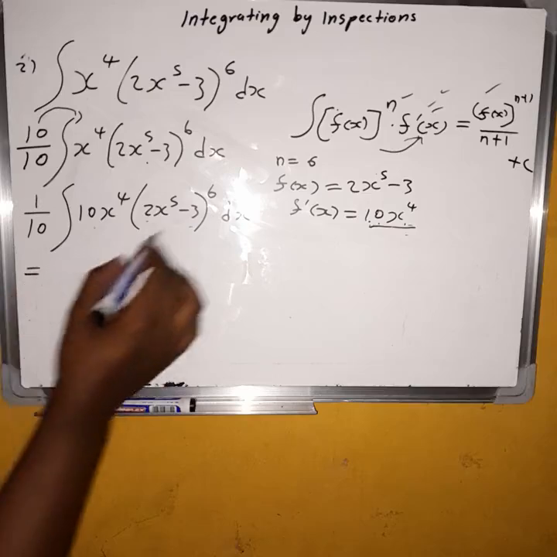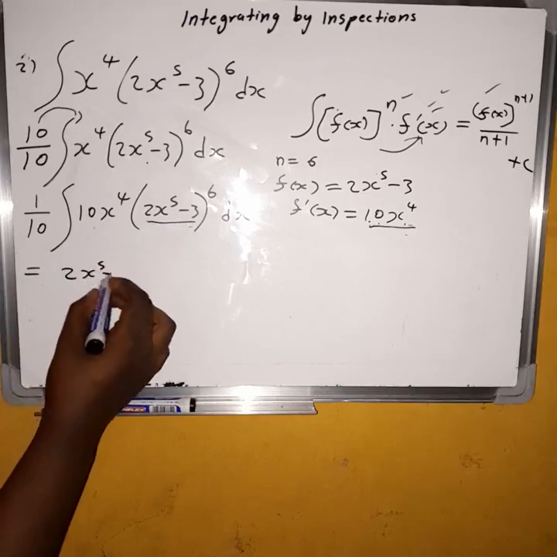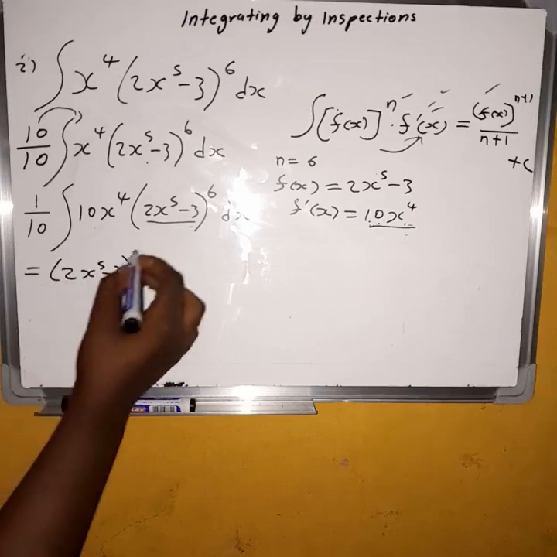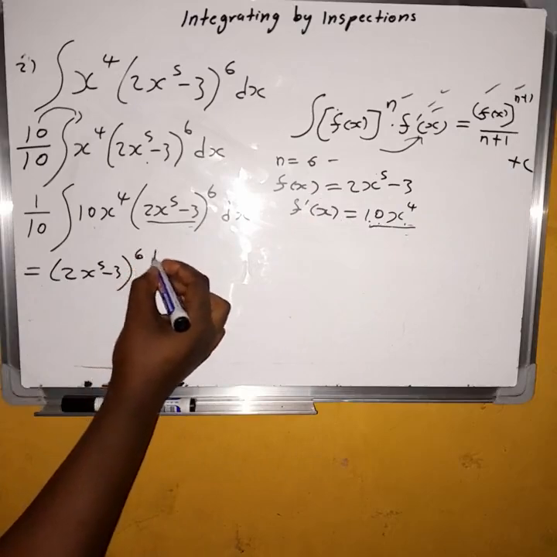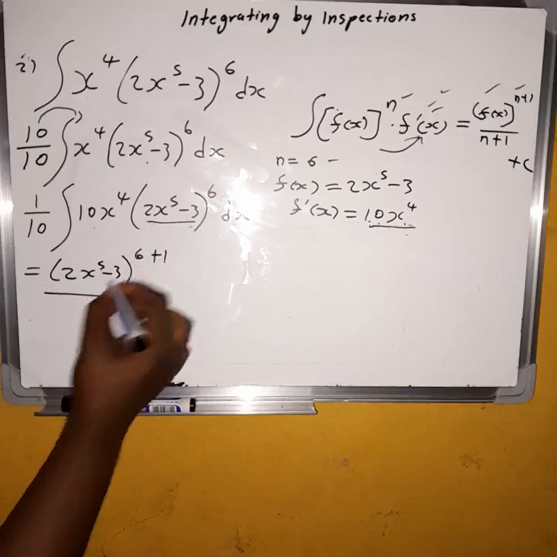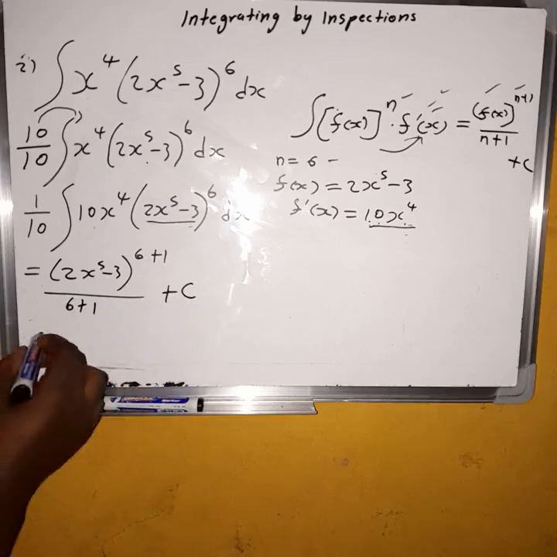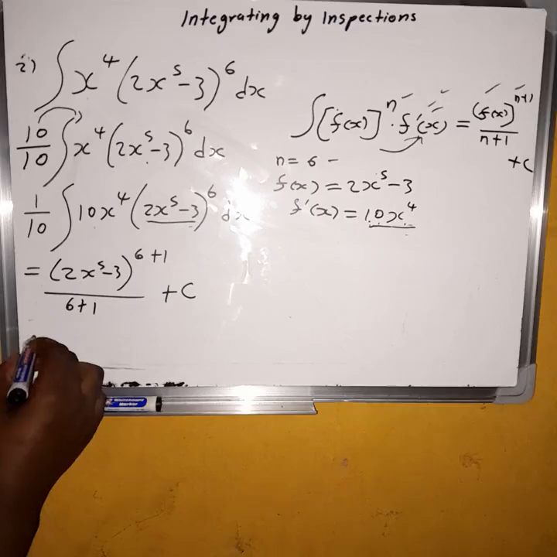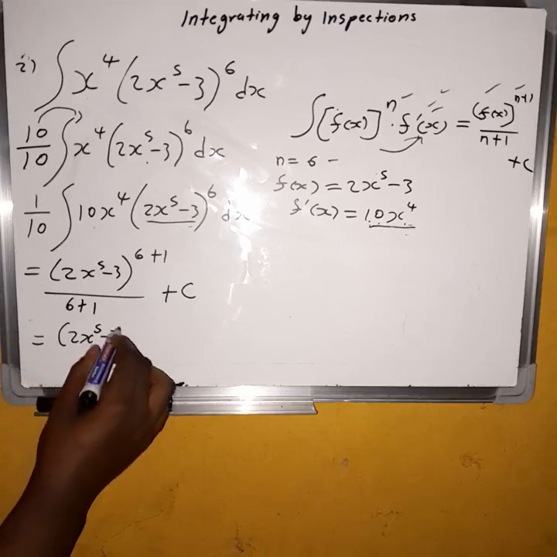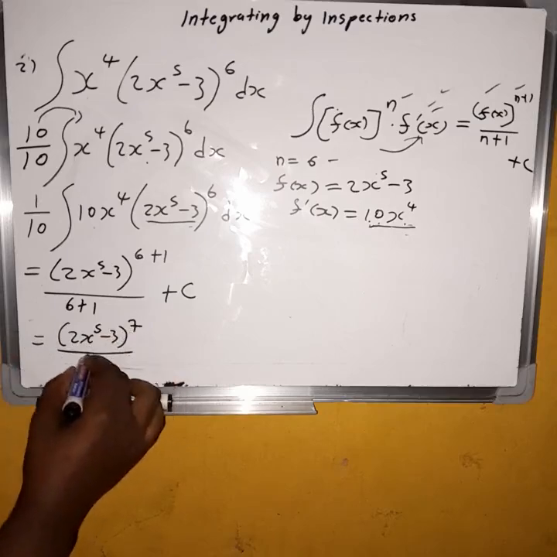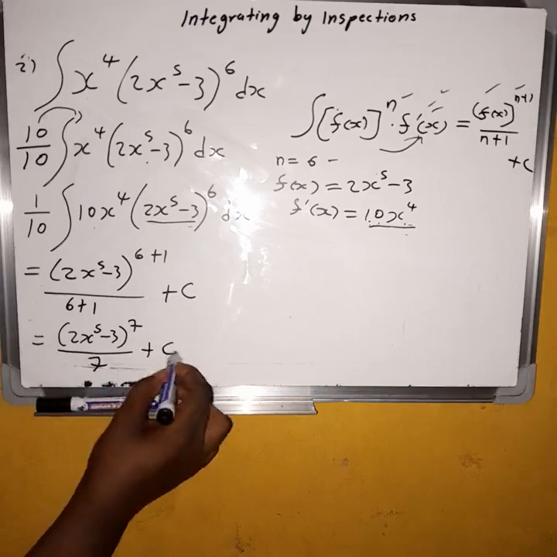Now this will be equal to 2x raised to the power 5, right? N is 6, we add 1, we divide by the whole of this, which will be 6 plus 1, we add the constant c, and then this will be equal to 2x raised to the power 5 minus 3, 7 over 7 plus c.